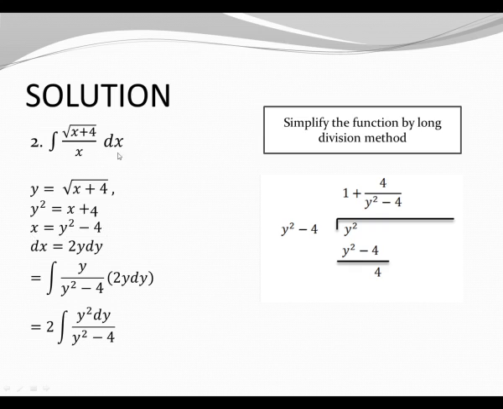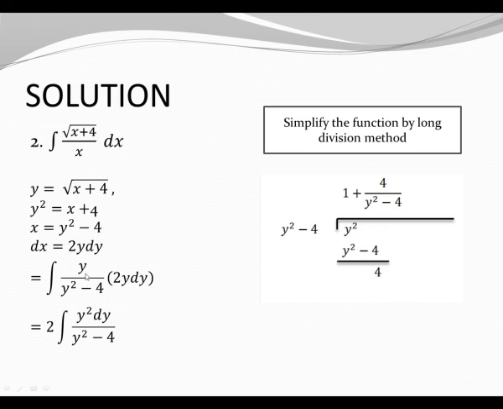And then we have to replace the derivative of x also. So we look for the derivative of x here, and this is equal to, by power rule, 2y dy. The next step is to substitute these values into the given integral, where the square root of x plus 4 is equal to y, the value of x is y squared minus 4, and the derivative of x is 2y dy.